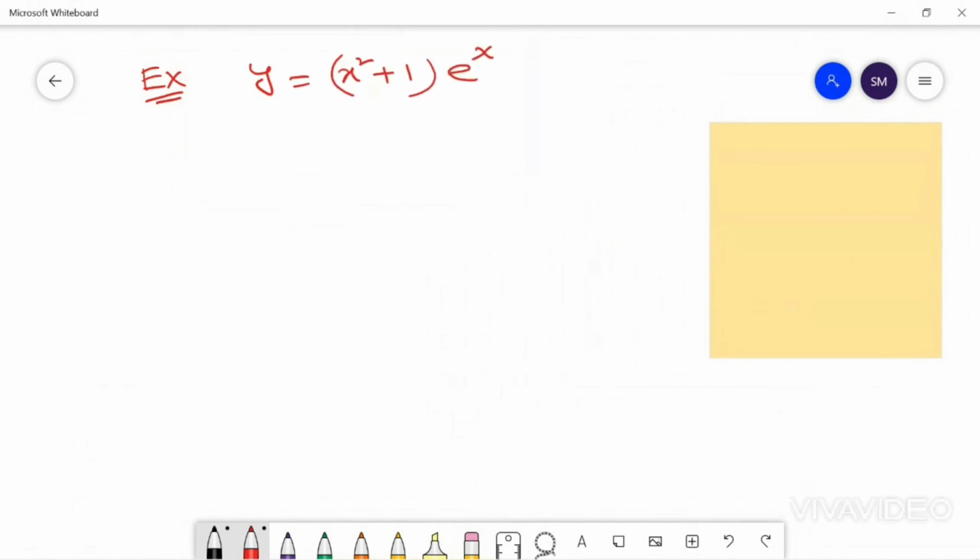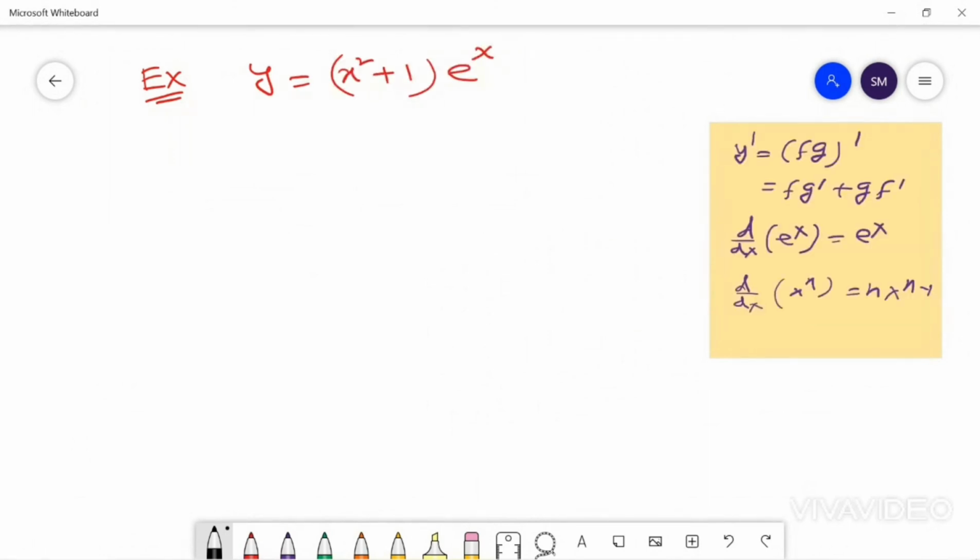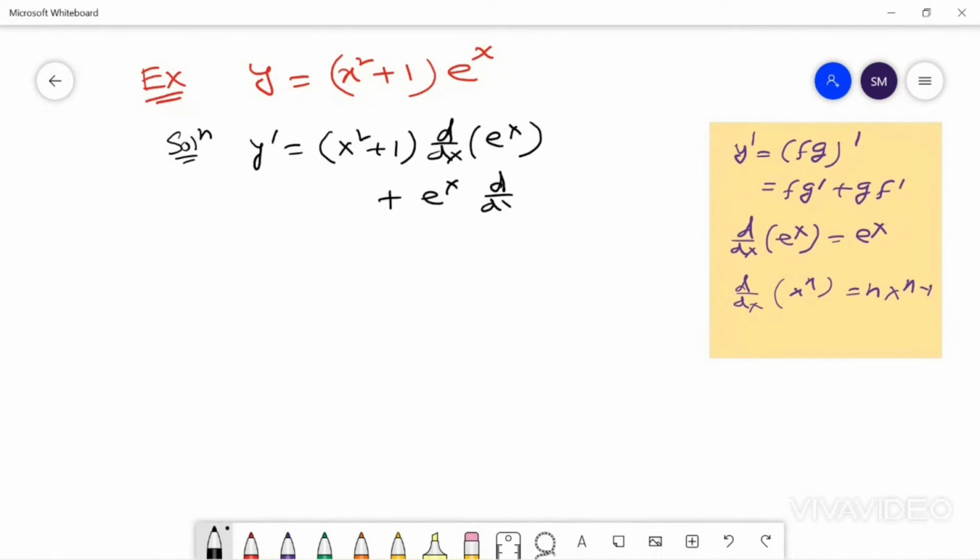Our next example deals with the product of a polynomial and an exponential function. On the right hand side I wrote the rules we are going to use for solving this problem. Again, by the product rule we can write y' equals (x² + 1) d/dx e^x plus e^x d/dx (x² + 1).